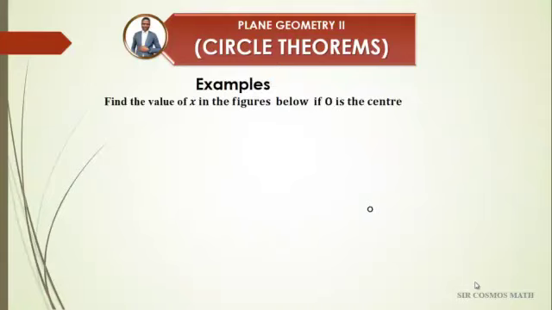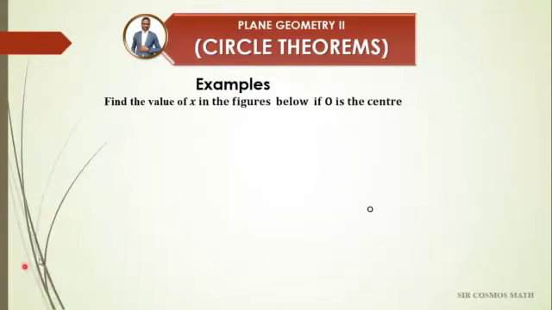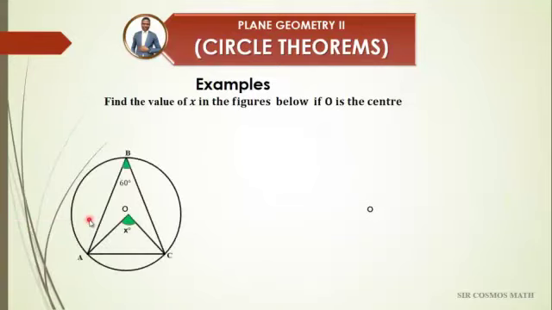Now let's work out some examples under this theorem. Example 1. The question says we should find the value of X if O is the center in the figure below, and that is exactly the figure we are talking about. So find the value of X. The solution is very simple.